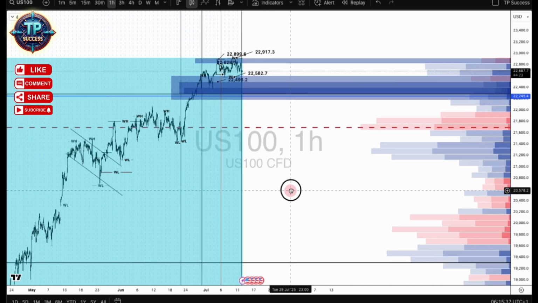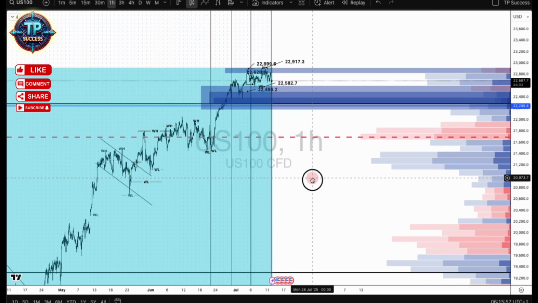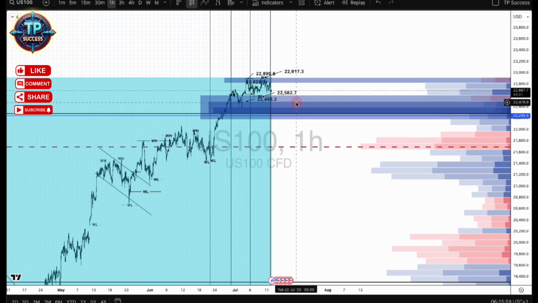In anticipation that the NAS may want to come down to the value area low, where we have a low volume node right here, okay, and that price point is 19,360.0, okay. So these are moves that I'm expecting, but we will only know what we're gonna do and how we're gonna do it once this location right here is taken out, okay.